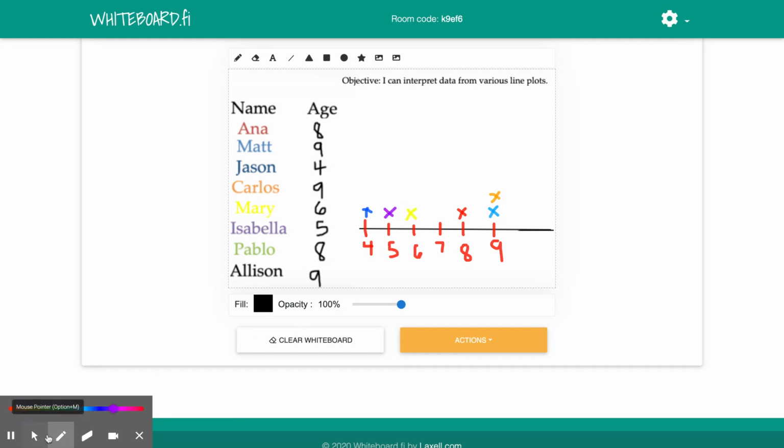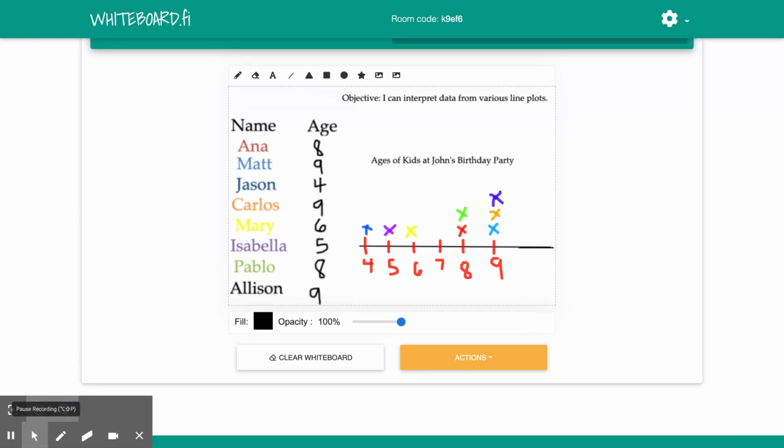Pablo is 8. And Allison is also 9. Okay, and this is our line plot. Our line plot tells us the ages of kids at John's birthday party.